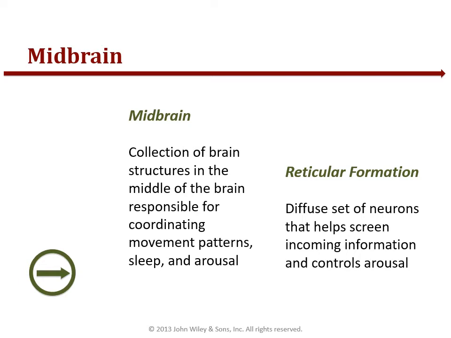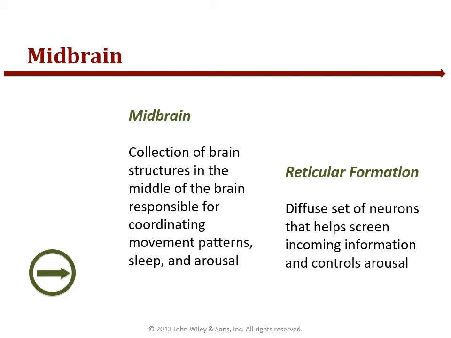It also contains a small structure that's involved with the neurotransmitter dopamine. And remember, in the dopamine hypothesis, we talk about too much or too little. In terms of deterioration in Parkinson's disease, it's a big factor.